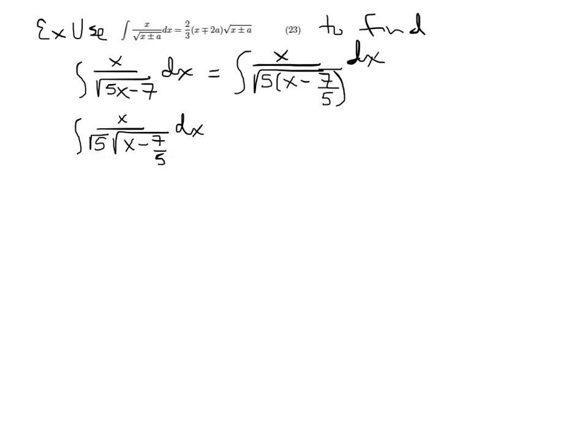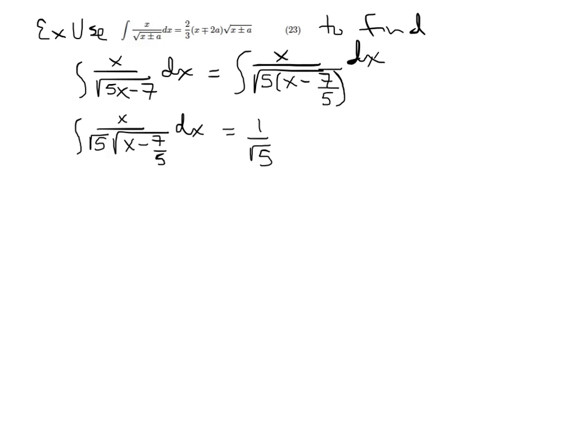So now what this does is it gives me this extra 1 over root 5 out in front of this whole integral, but now I've got my 1 out in front of that x. Okay, so now I can start plugging into the formula.